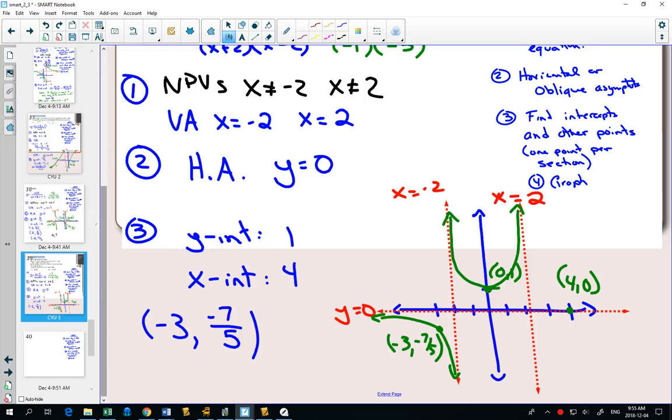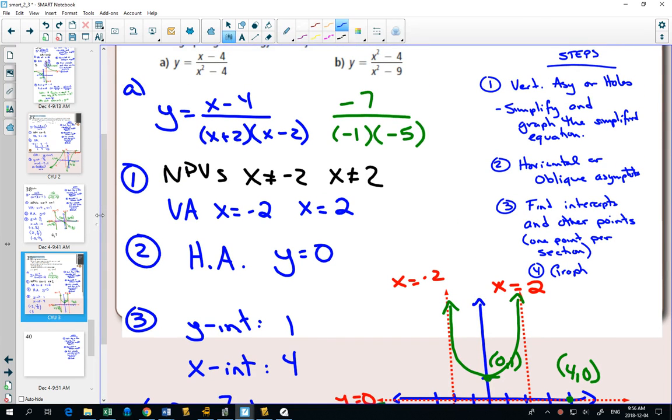At (4, 0), I can't tell from this point whether it goes up towards my asymptote or down towards my asymptote. But if I found out what happens when I plug in positive 3, so again, I'll erase the green that I had here and plug in positive 3. 3 minus 4 would be negative 1. 3 plus 2 would be 5. 3 minus 2, I would get negative 1/5.